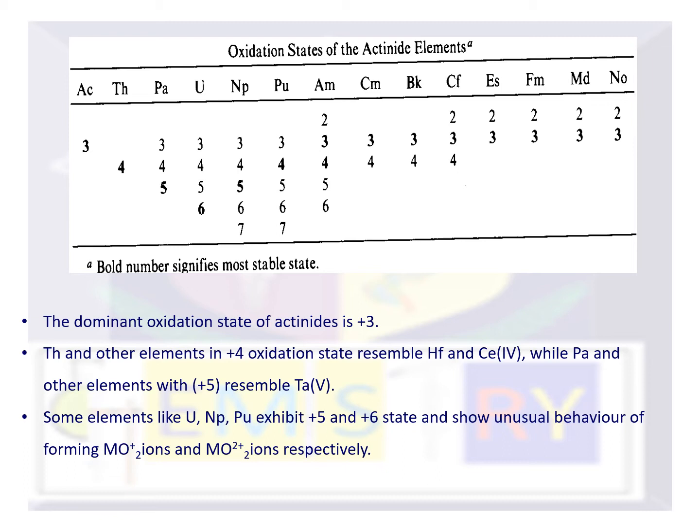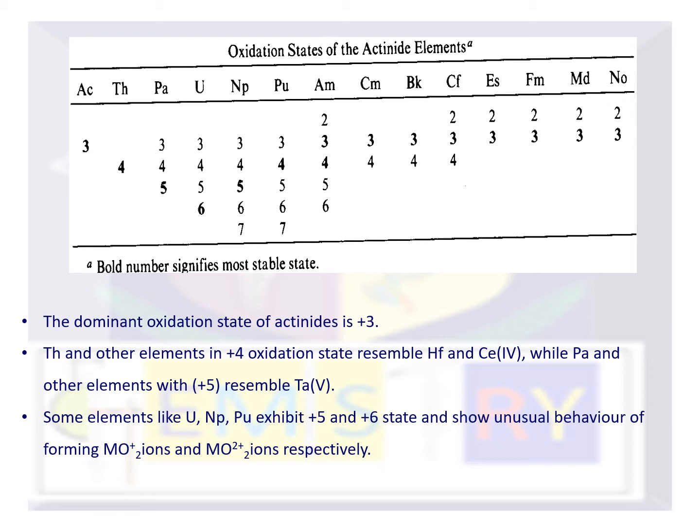Thorium and other elements have a +4 oxidation state. So if they have +4 oxidation state, they would resemble hafnium or cerium in +4 oxidation state. The complexes that have a +4 oxidation state of thorium will resemble the complexes of cerium 4. Also, protactinium and other elements have +5. So when it exists in +5, it will resemble tantalum, also in the +5 oxidation state.